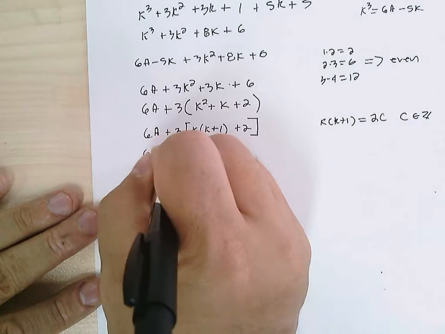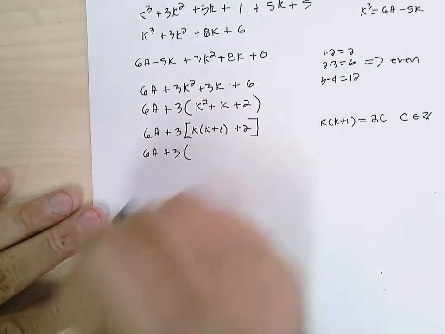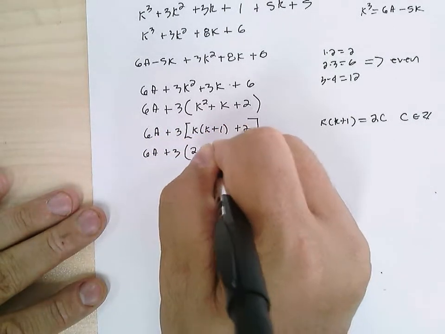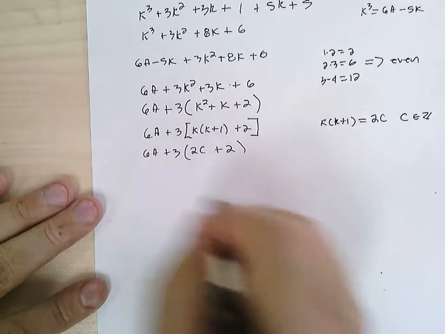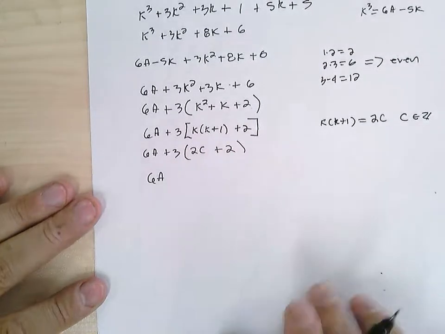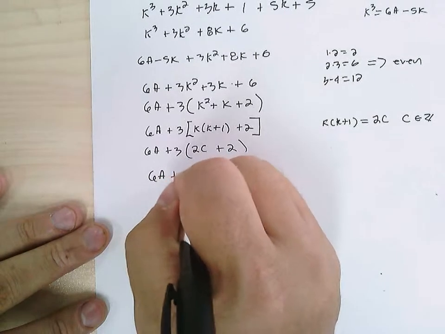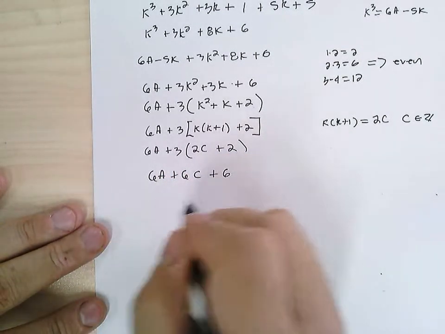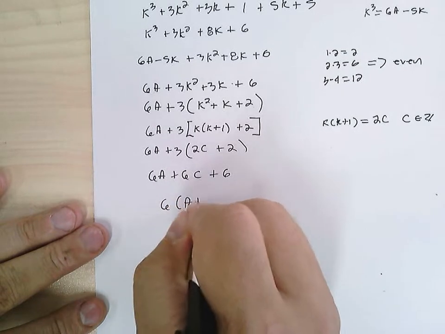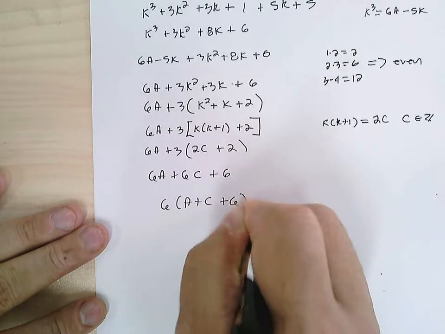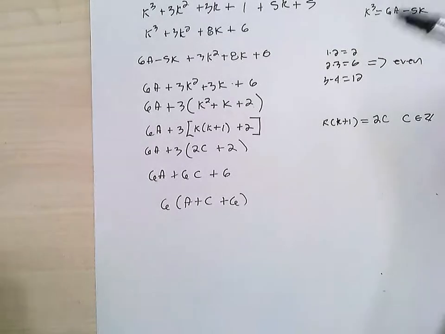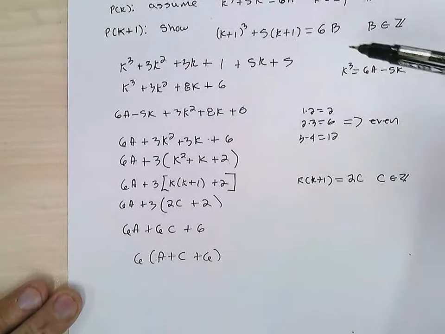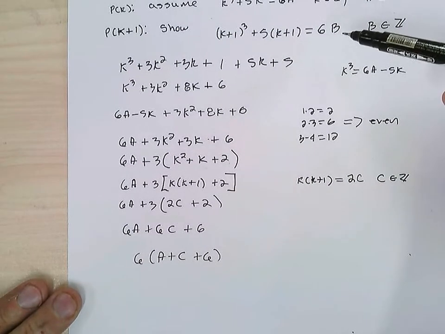So I go 6a plus 3 times 2c plus 2. Distribute the 3 back through, and I get 6a plus 6c plus 6, and then I can see 6 is indeed a factor, so it's 6 times a plus c plus 1, and I've shown what I wanted to from the beginning of the k plus 1 step.